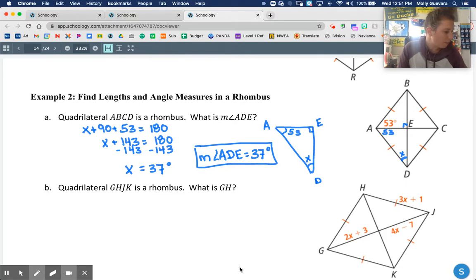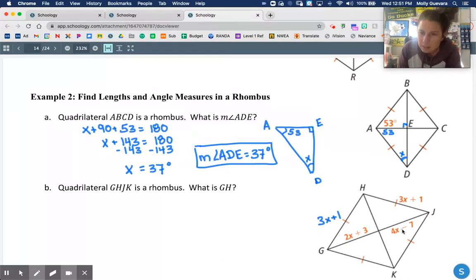Okay, part B says quadrilateral GHJK is a rhombus. What is G to H? So this is what I'm trying to find right here, G to H. Well, I know that all four sides are the same, so GH I can also say is 3x plus 1, right? All four of the sides are 3x plus 1. So hopefully that makes sense.